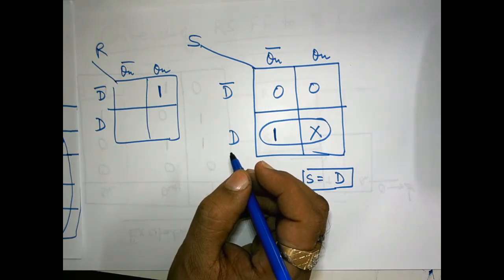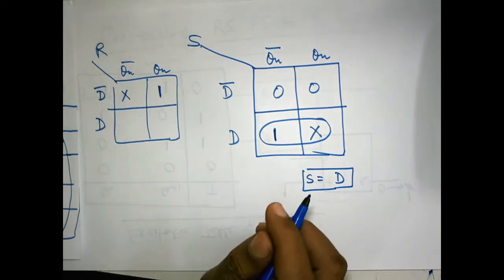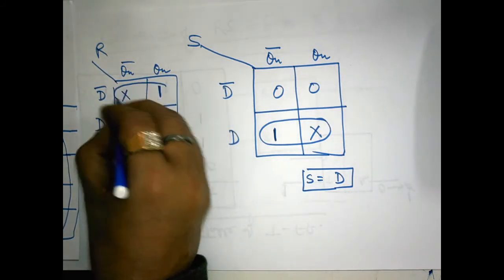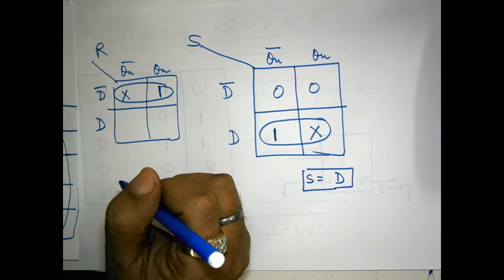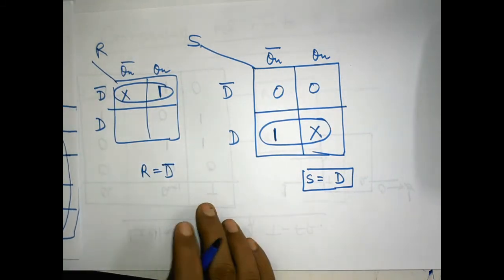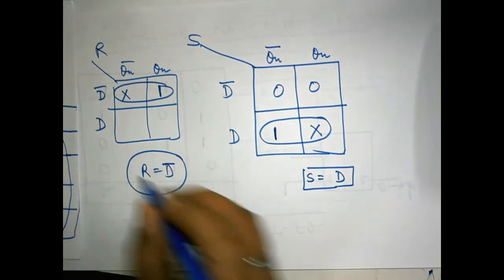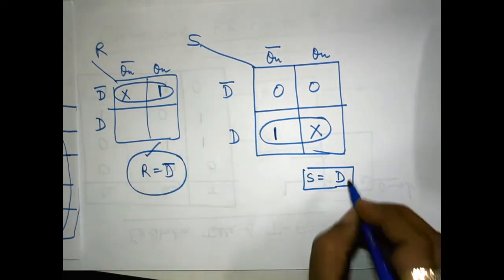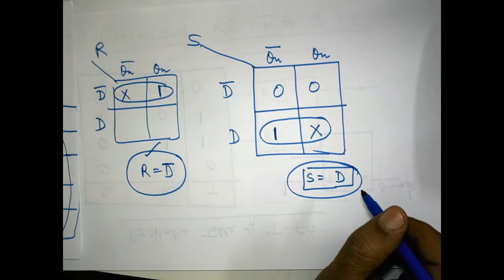Am I right? And at D bar Qn bar it is don't care. So what is the outcome of this? It is D bar. So R is equal to D bar. So what should be applied at R is D bar, and what should be applied at S is D.